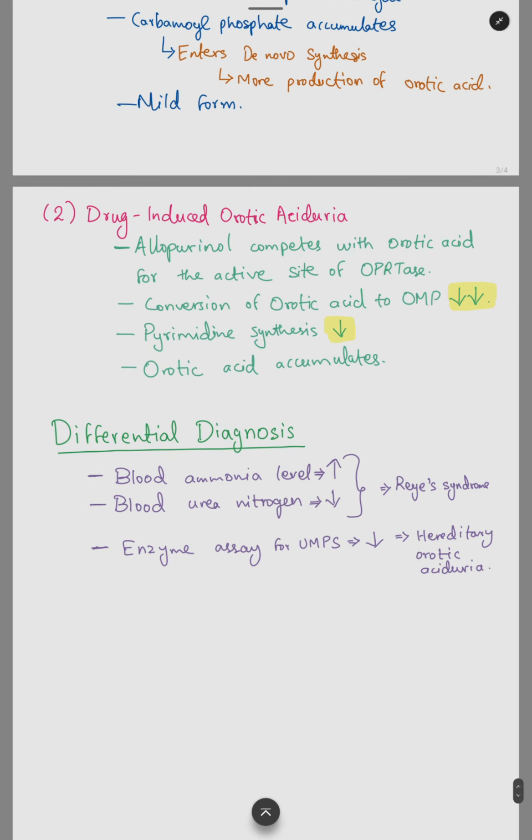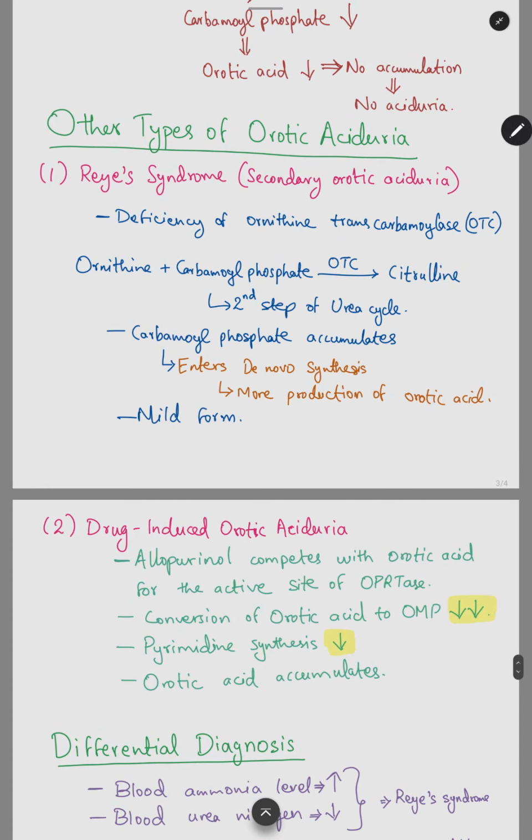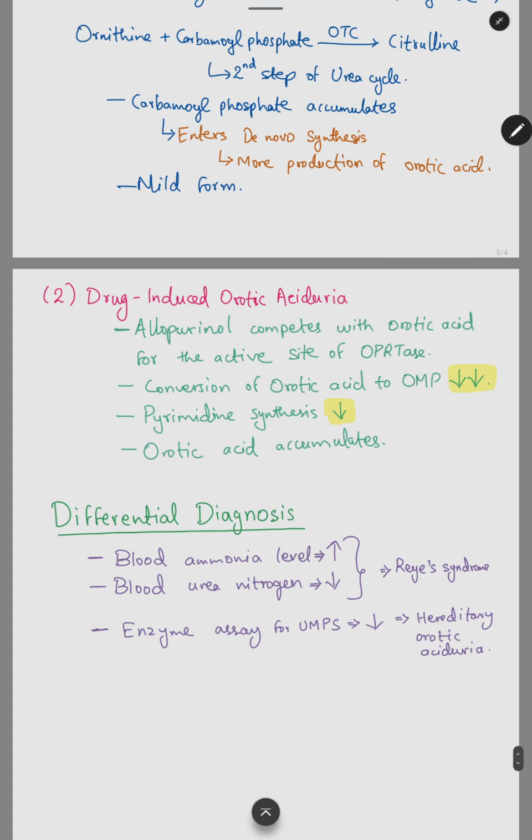Now about the differential diagnosis, that is to identify what is the cause of the orotic aciduria. Now we discussed three causes, right? One is due to the deficiency of UMPS, that is uridine monophosphate synthase enzyme, that is OPRTase enzyme and OMP decarboxylase enzyme. That is the first cause. The second cause we discussed is Reye's syndrome, that is the deficiency of ornithine transcarbamylase. The third is due to the drug allopurinol.